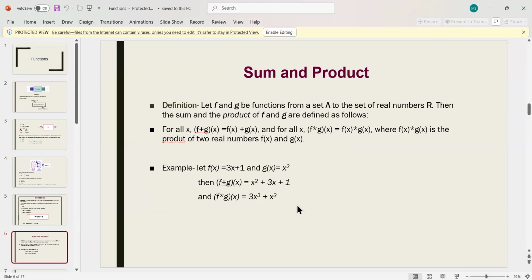Then sum and product of functions. Now, normally functions are denoted by simple letters.